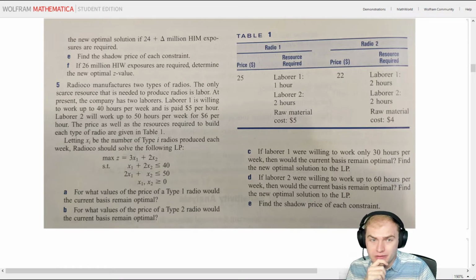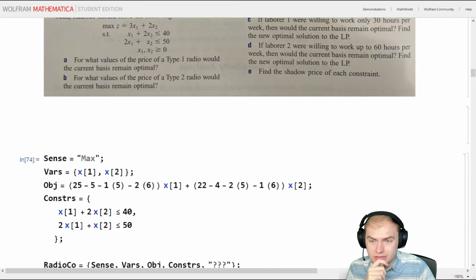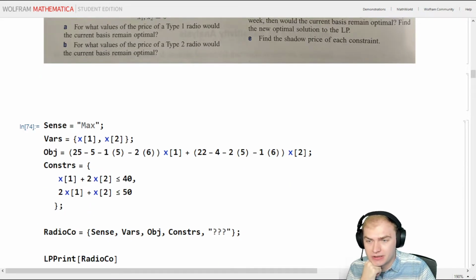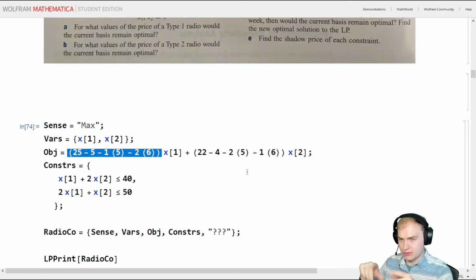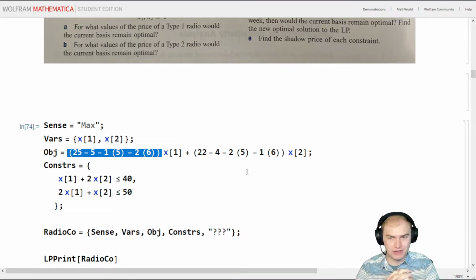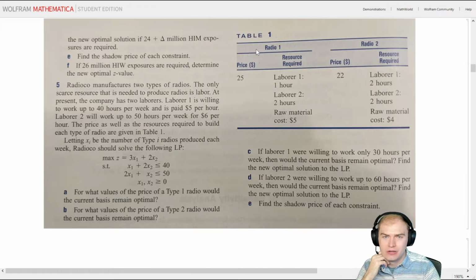So what I did is I wrote this up in my Mathematica format, and I wrote out all of the different parts of the profit coefficients that they have. So in the table, radio 1 sells for $25, costs $2, and costs 3 hours of labor total, which is $5 an hour for laborer 1, $6 an hour for laborer 2.